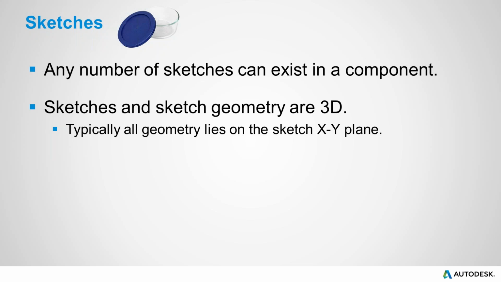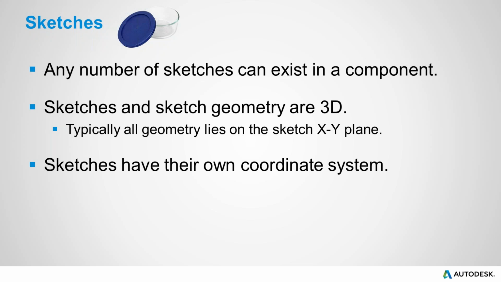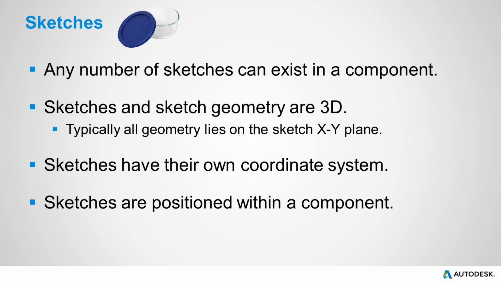It's just usually all flat on the XY plane. And sketches have their own coordinate system. And so as I'm drawing geometry in that sketch, that geometry is being placed relative to the sketch coordinate system. And each sketch is positioned within the 3D model space.